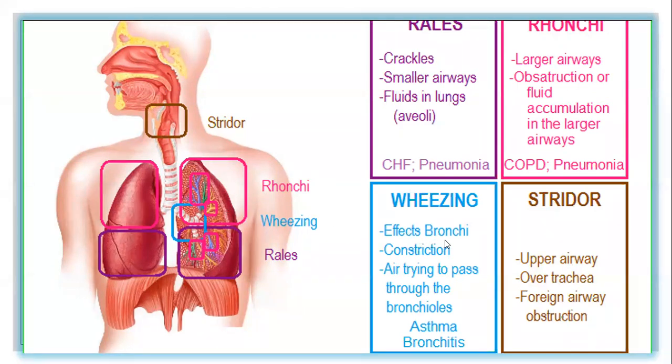It is affected bronchoconstriction, air trying to pass through the bronchioles. Wheezing is more common in asthma and bronchitis. And rhonchi, another abnormal sound, more common in COPD and pneumonia. And rales, common in chronic heart failure and pneumonia too.